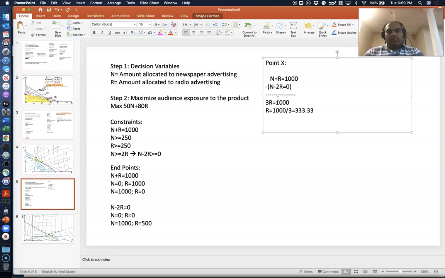And similarly, the news budget will be 666.67. So that's one option. So that's point x. So point x is 666.67 comma 333.33, right?